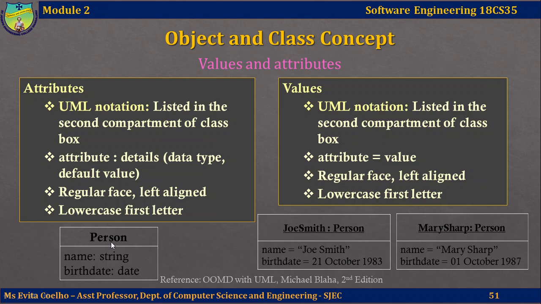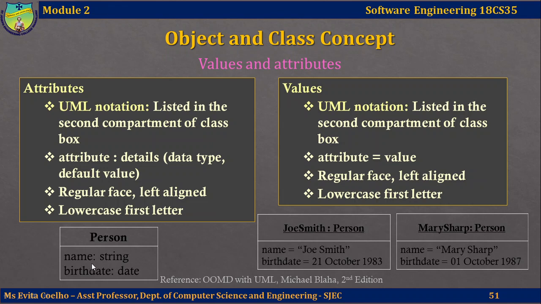Now when you have to add attributes to the class diagram, then you make another compartment for the same box. Then you write the attribute name. In this case, I have listed only two attributes for the Person class. That is, every object created for the Person class will have a name and a birth date. So you write the name of the attribute followed by a colon followed by the data type.